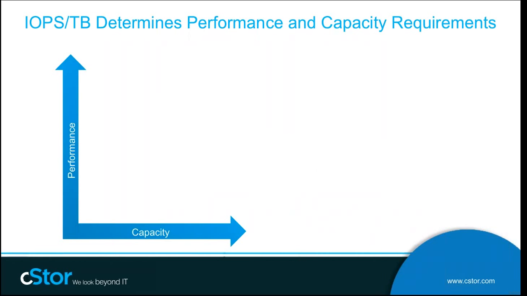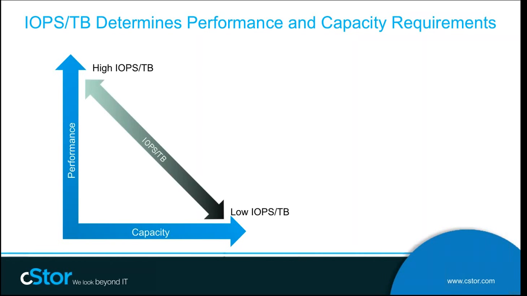The IOPS per terabyte is obvious when you look at it, but you might not think about it first. On this graph, we have performance going up and capacity going off to the right. The IOPS per terabyte is wherever you land on this graph. At the very top, you have the most IOPS per terabyte.